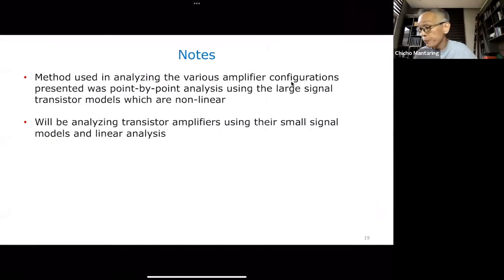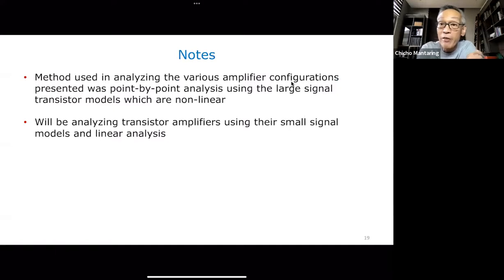Just some notes. The method that I used in analyzing the various amplifier configurations, what I did was a point-by-point calculation using the large signal transistor model. So the exponential model which we used, IC is equal to IS e to the VBE over V sub t minus 1, that's actually a large signal model.